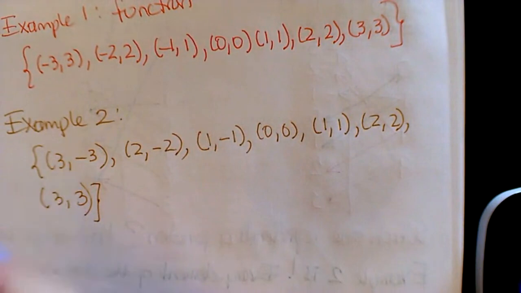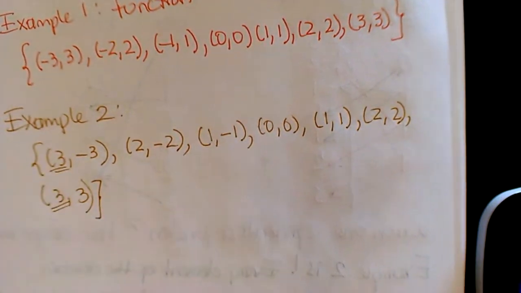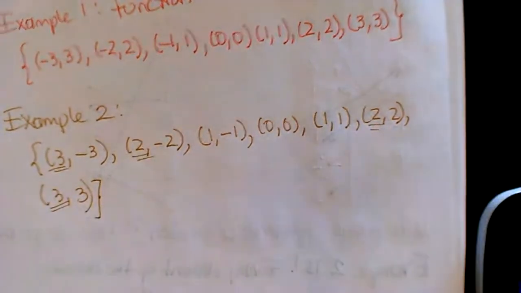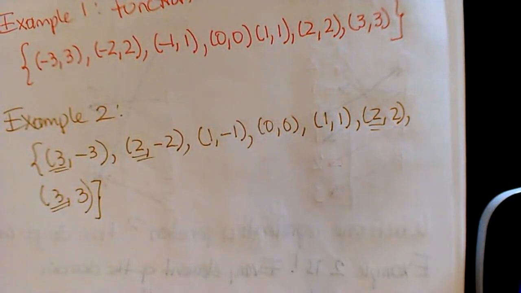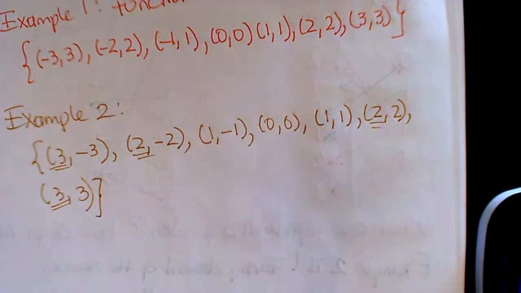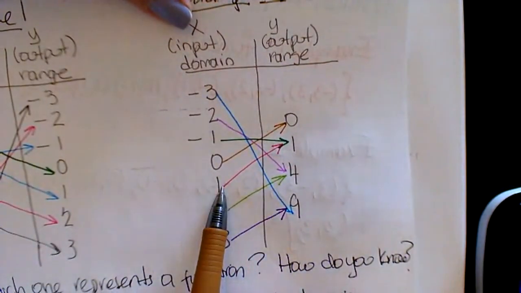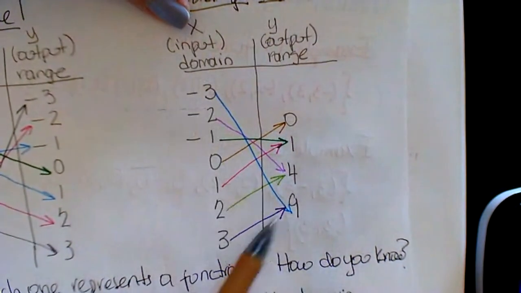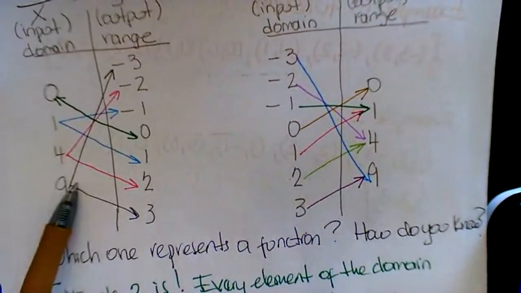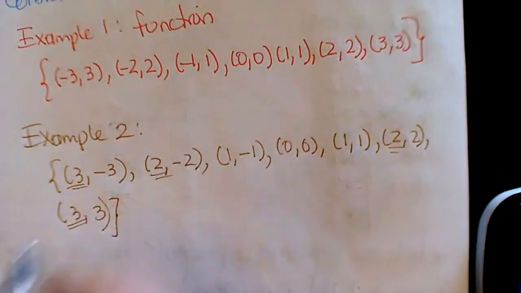I see the 3 here, and I see the 3 here again. Right away, I see the 2, and I see the 2. It can only be 1. Meaning we want just one line from the x-axis to the y-axis, from every number. We don't want this. This is not a function. So in this case, this one is not a function.